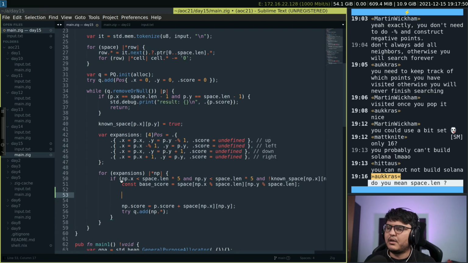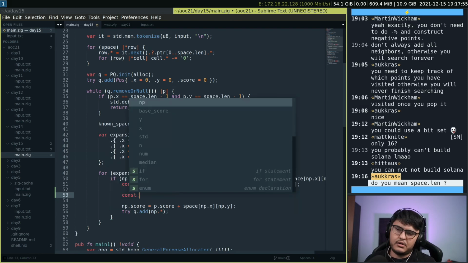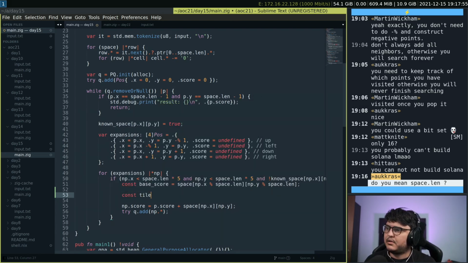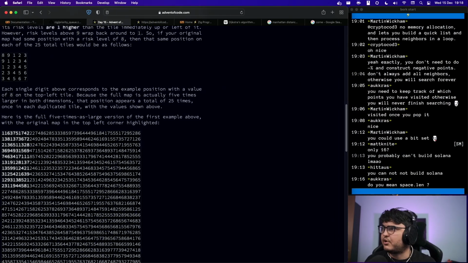So const tile count, I don't know, tile steps is... I need integer division, or no, not exactly integer division.